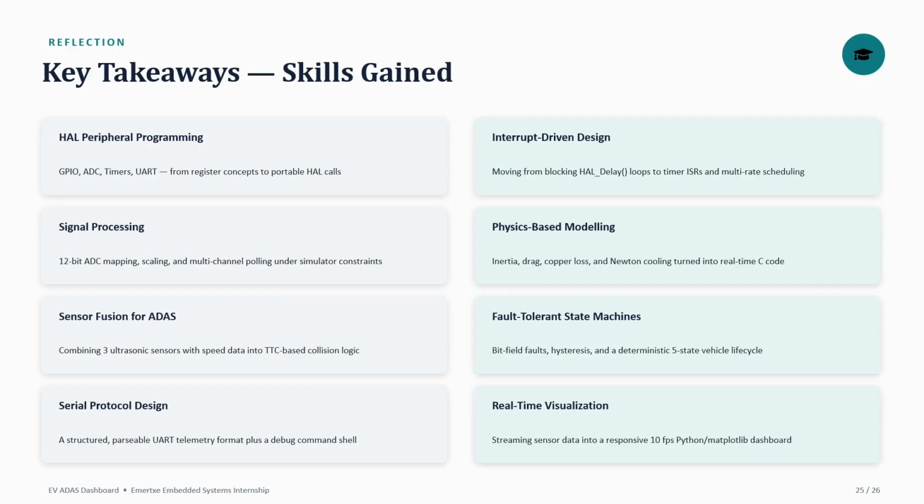We also learned signal processing, converting raw sensor readings into real values, and physics-based modeling, turning things like drag and heat loss into working code. We combined multiple sensors for collision detection and built a fault handling system using state machines. Finally, we designed our own serial communication protocol and built a real-time visualization tool to bring all the data to life.